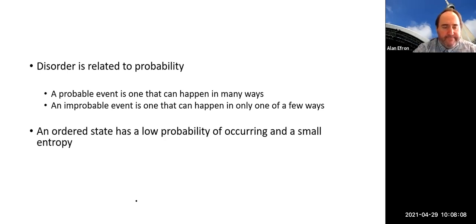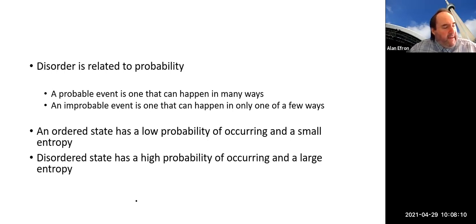A probable event is one where it could happen in many ways. An improbable event is one that could only really happen in a few ways. So for example, if we were in a room with 5 doors and we needed to get out of the room, clearly there's a pretty good chance.